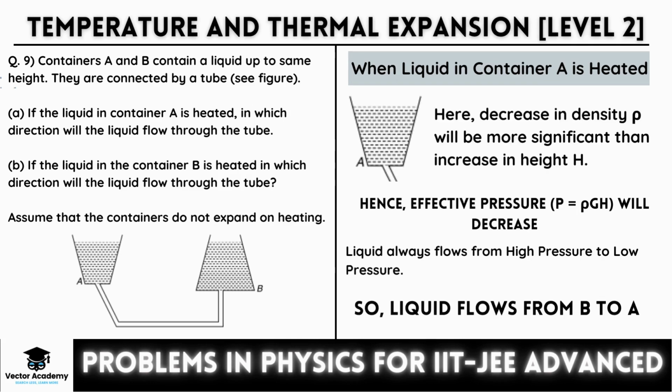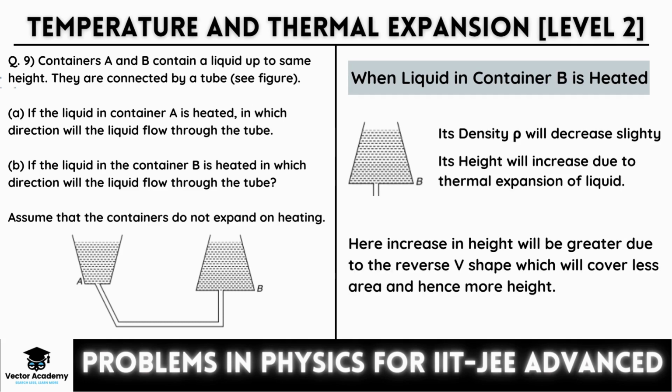Here, the decrease in density ρ will be more significant than the increase in height h. Hence, effective pressure P equals ρgh will decrease. Liquid always flows from high pressure to low pressure. So, liquid flows from B to A.